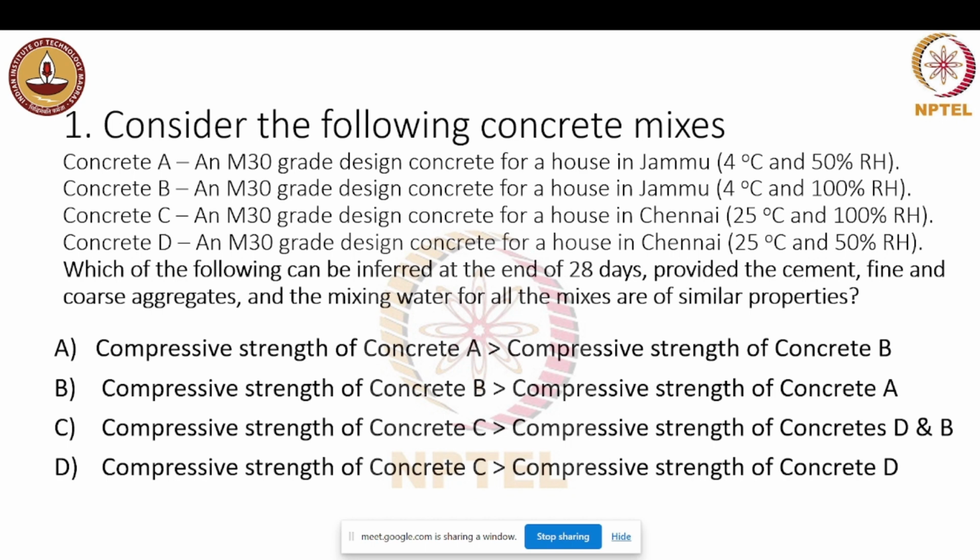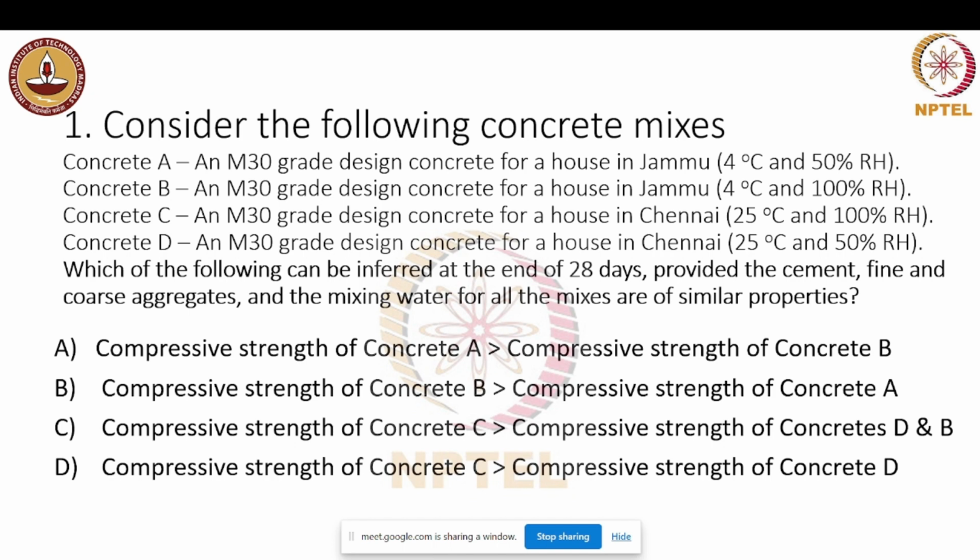Third is designed in Chennai at 25 degrees Celsius with 100% relative humidity. And fourth is designed in Chennai at 25 degrees Celsius and 50% relative humidity. Based on these four types of concrete, please see the options and tell which options are the correct options.